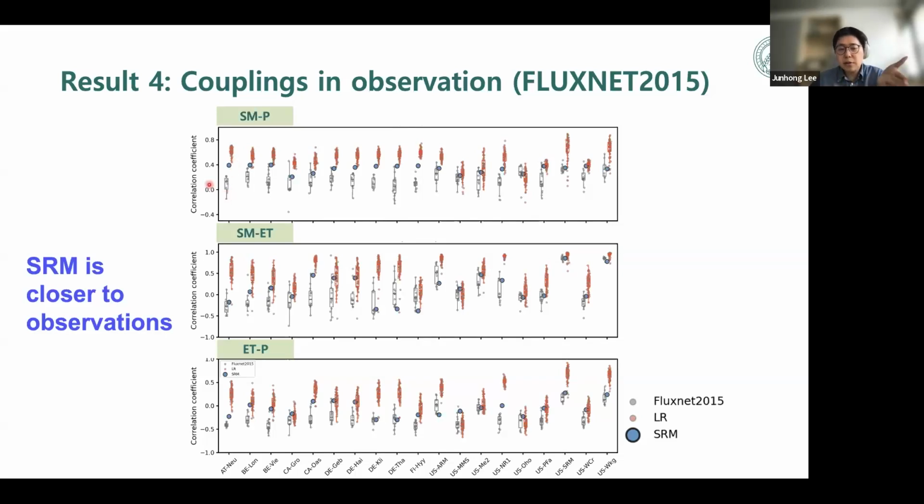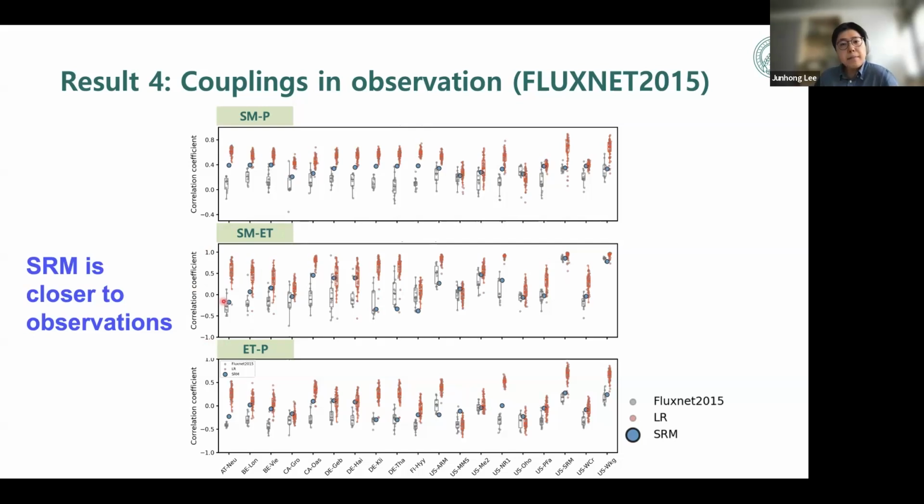If you look at just the top panel, the observation is usually very close to zero, or sometimes negative, for example here and here. Then the storm resolving simulation result comes next, then low resolution. And the low resolution simulation always shows very positive values for SM-P. The other two feedbacks also show similar results.